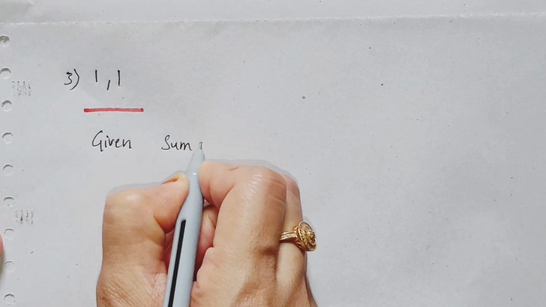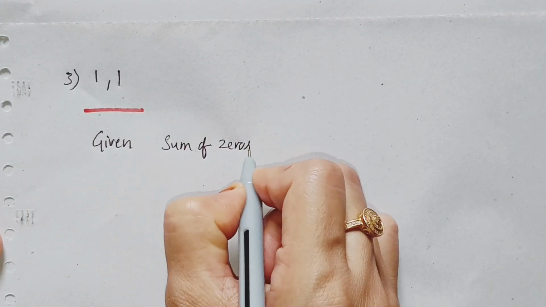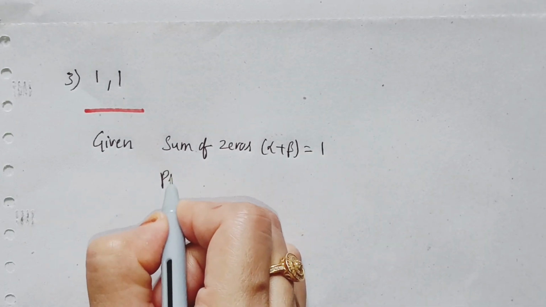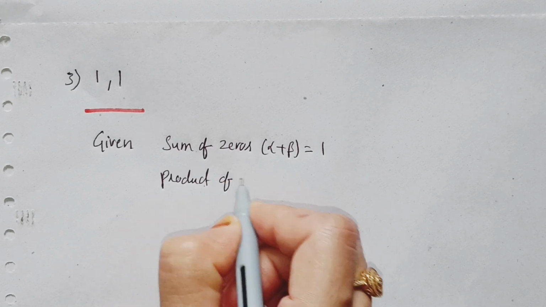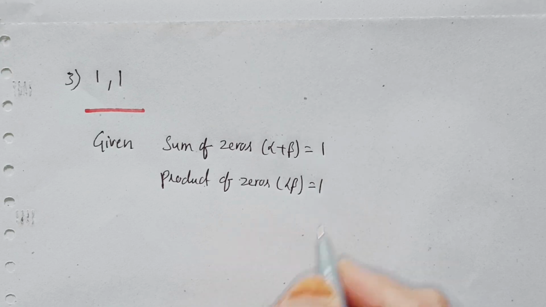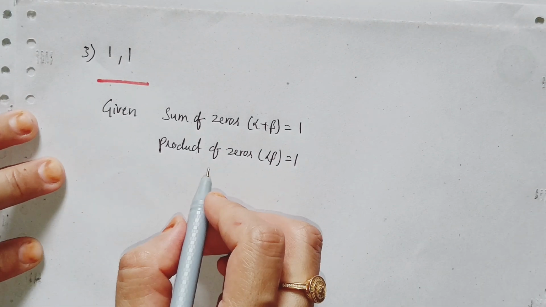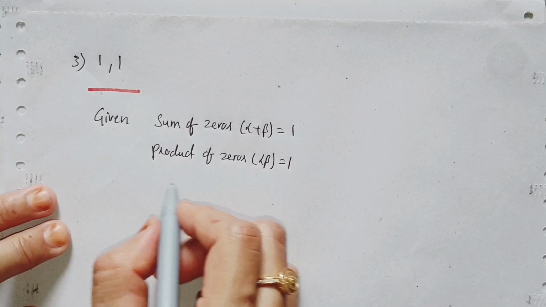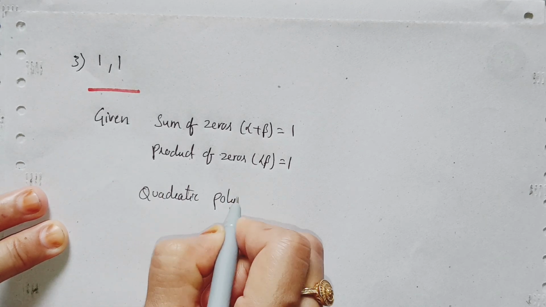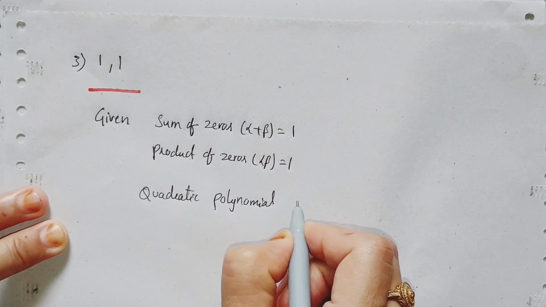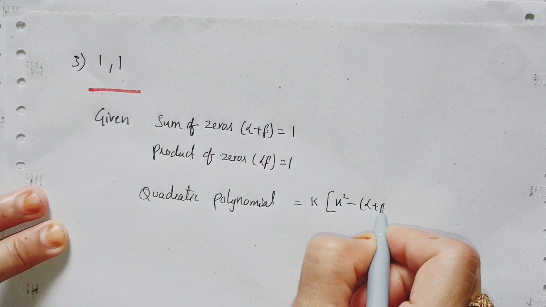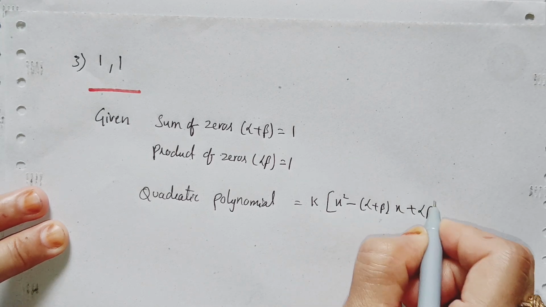Given sum of zeros, which is alpha plus beta equal to 1, then product of zeros, which is alpha beta equal to 1. Okay, now what we have to do? We have to find out the quadratic polynomial. What is the quadratic polynomial? k of x square minus of alpha plus beta of x plus alpha beta.